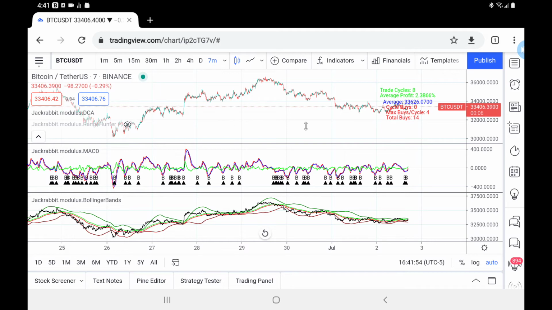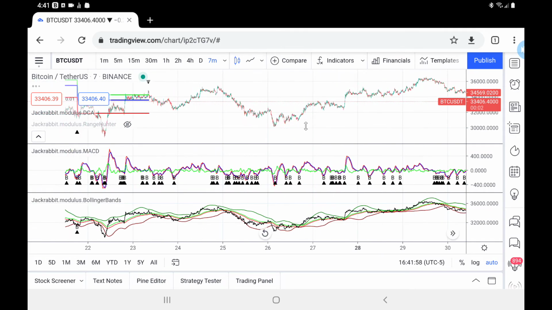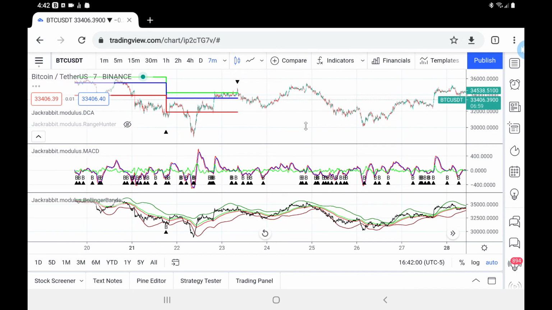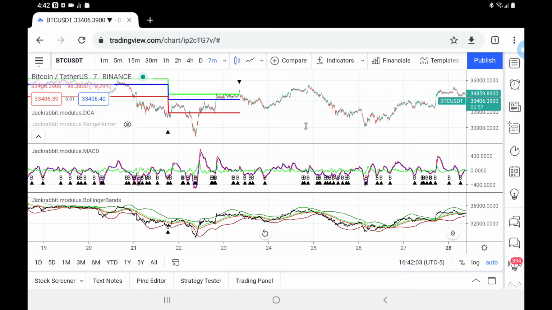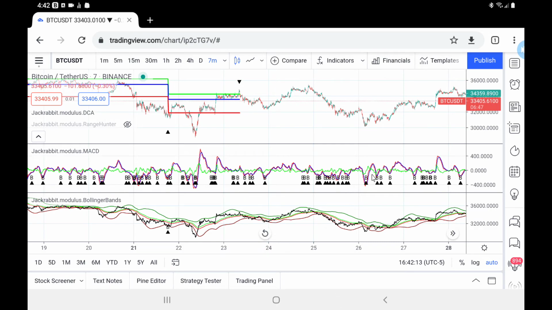And as we can see, Bitcoin, its last entry and exit was on the 23rd. 23rd is when it got out. And it hasn't had a good entry point since. But this is a nice, respectable recipe.